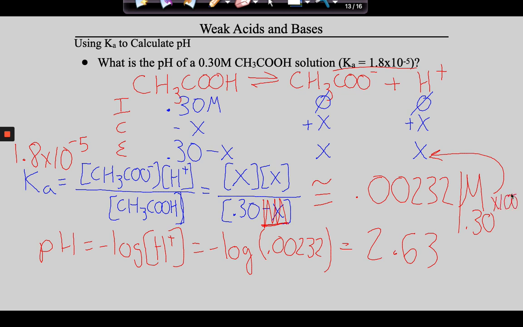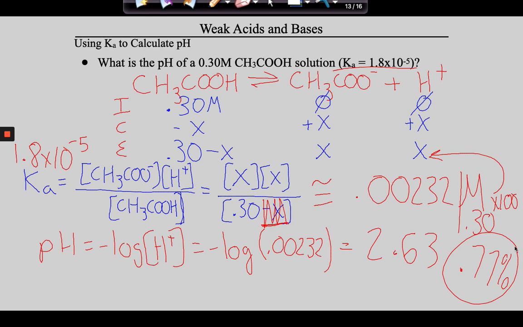So 0.00232 divided by 0.3 times 100 is 0.77% protonated. So this is the problem, guys. This is 0.77% protonated, which means it would be okay to drop the X. But the only way to know how protonated it is is by doing the math.